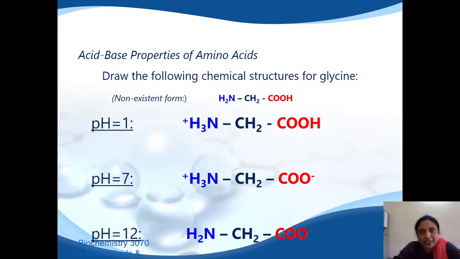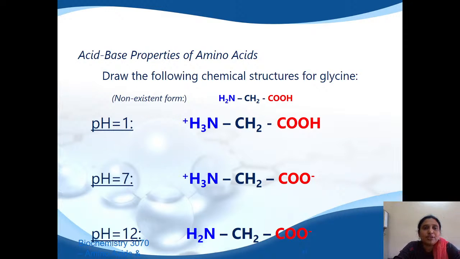Again I repeat, if you see the structure of any amino acid, it has at least two ionizable groups: one is the amino group and the other is the carboxyl group. Because of these ionizable groups, amino acids behave as acids and bases, exist as zwitterions, or have buffering capacity.